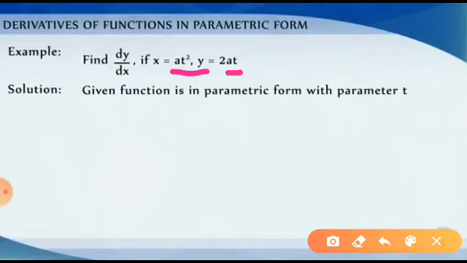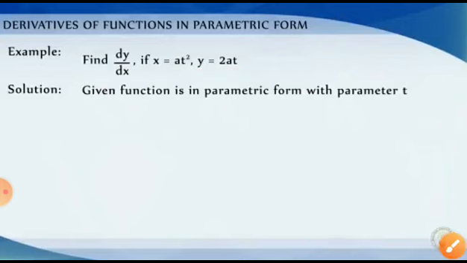First, consider x and y as they have been given. Then find separately dx by dt and dy by dt, and then divide dy by dt by dx by dt.